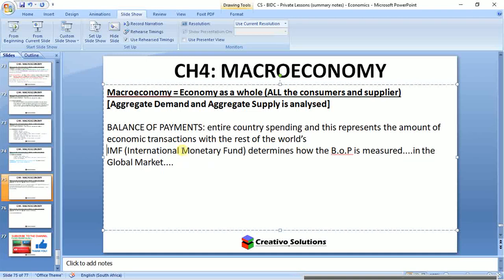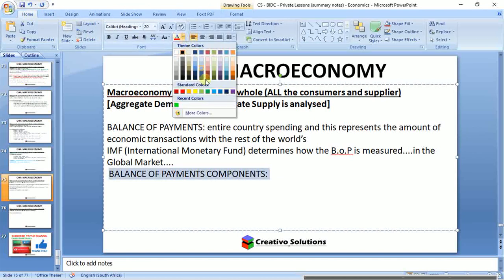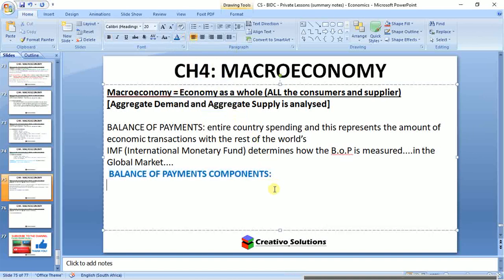So let's write them down. Balance of payment components. This is important. What makes it up? What makes balance of payments, basically?